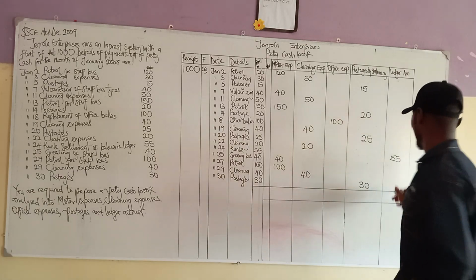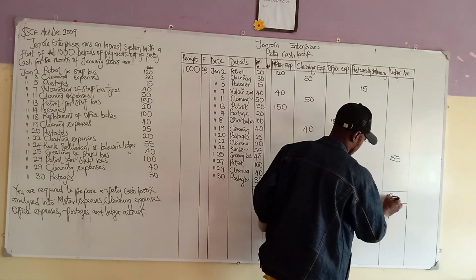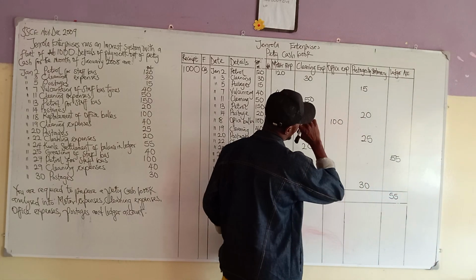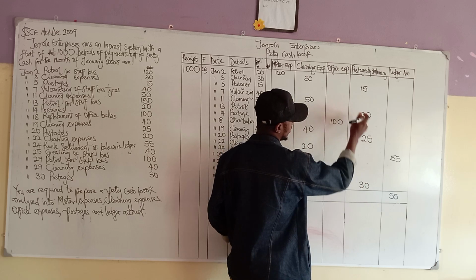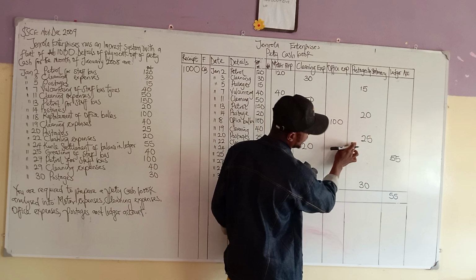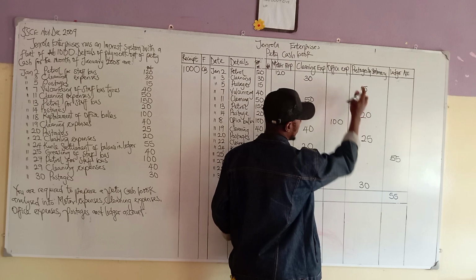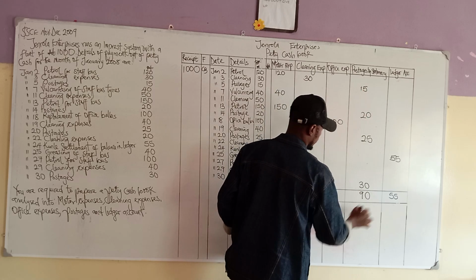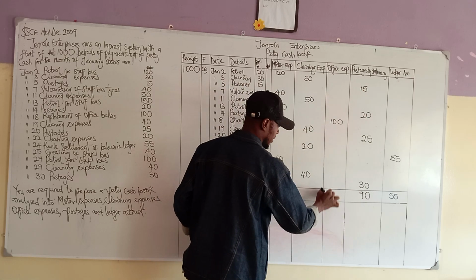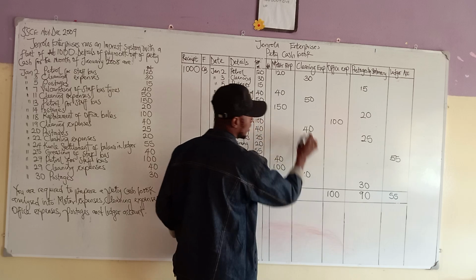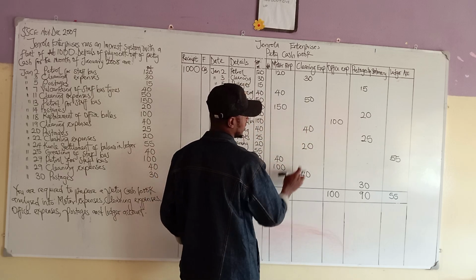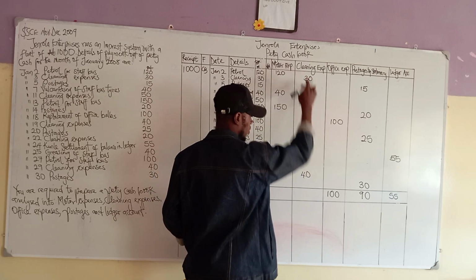So, here, ledger, I have 55 naira. Postage and stationery, this is 55, 75, 80, 90 naira. This office expenses, we incurred 100 naira. Then here we have 80, this is 100, 150, 180.